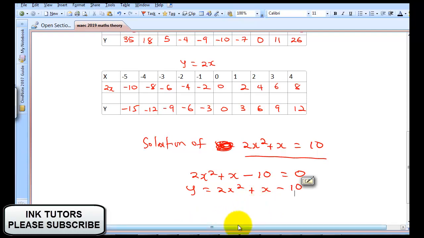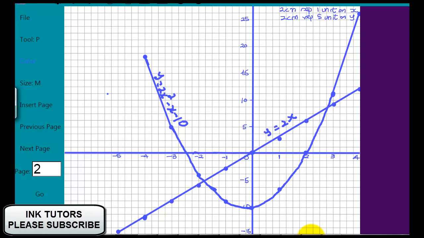So let's go back to our graph. Now, check where y is 0. Y is 0 at 2 points. That is here. This is point 1. I think I need to use a straight line. It's here. Good. And here.